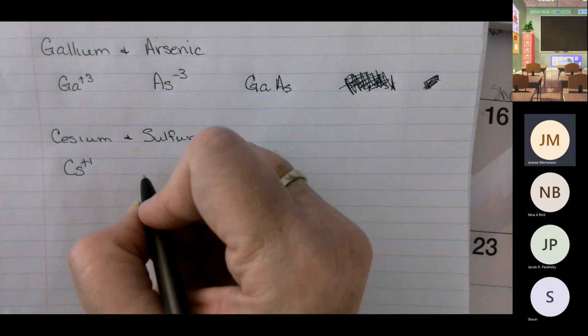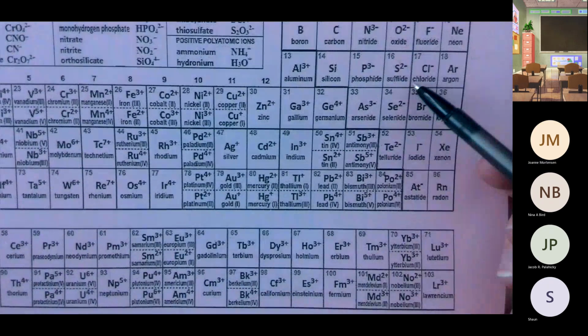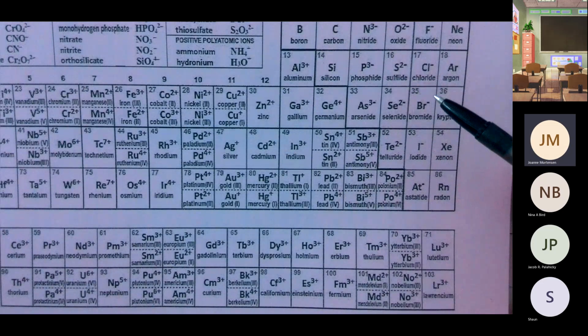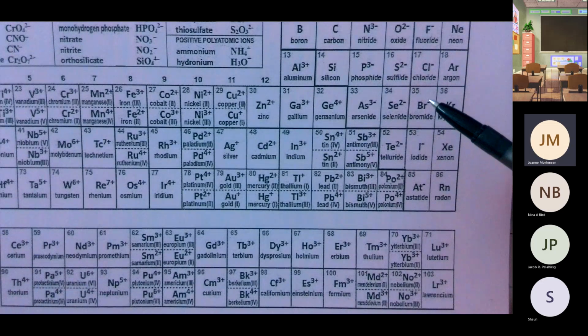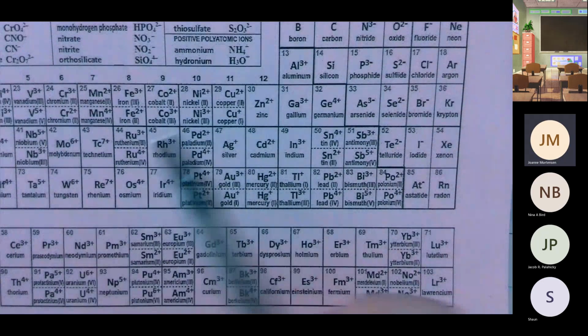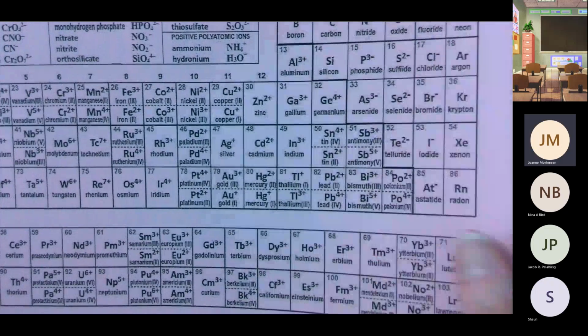Nope, not up there. Whoops, right hand side. Sulfide. No 8s or 8s today, only ides. So stay out of this middle section today. So it's S what?